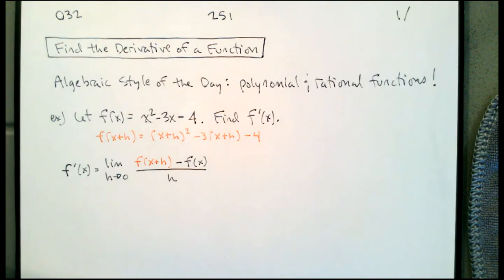F of x plus h minus f of x is how much the function changes. That's the delta y. H is how much x changes. That's the delta x.